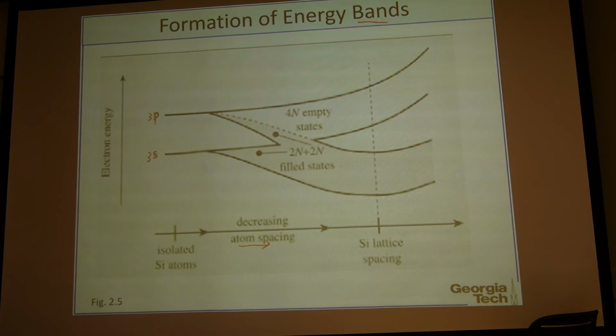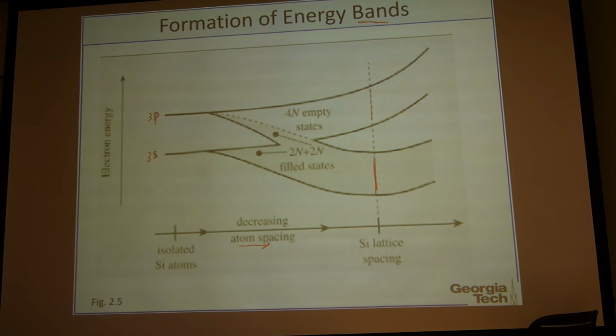We are going to split, but since here you have n atoms, you have many energy levels. Unlike the hydrogen molecule, which has only two atoms and so two states, here you have n states, so you create a band.